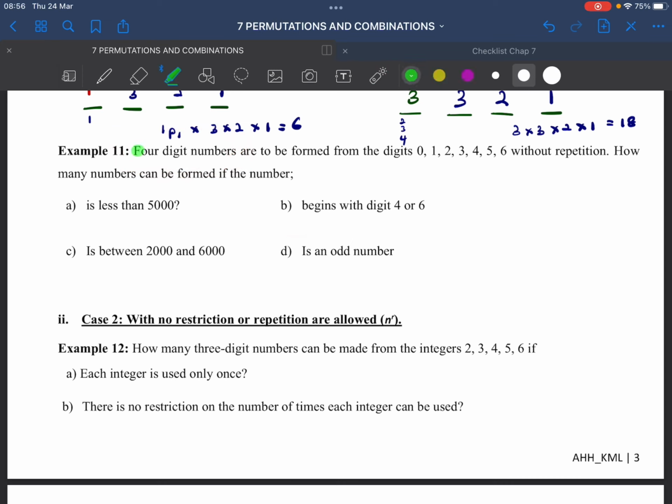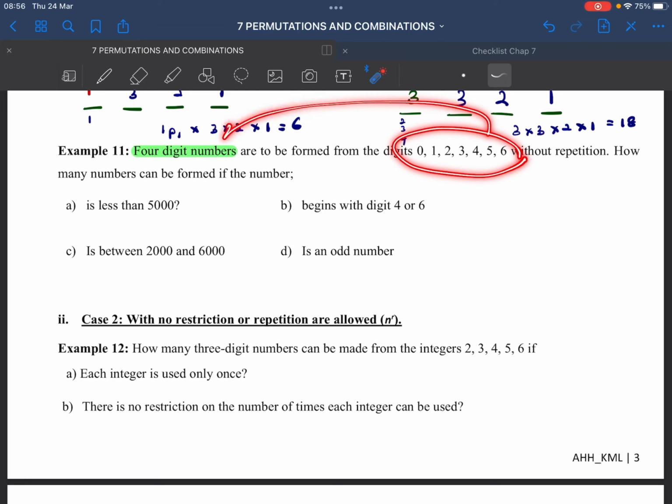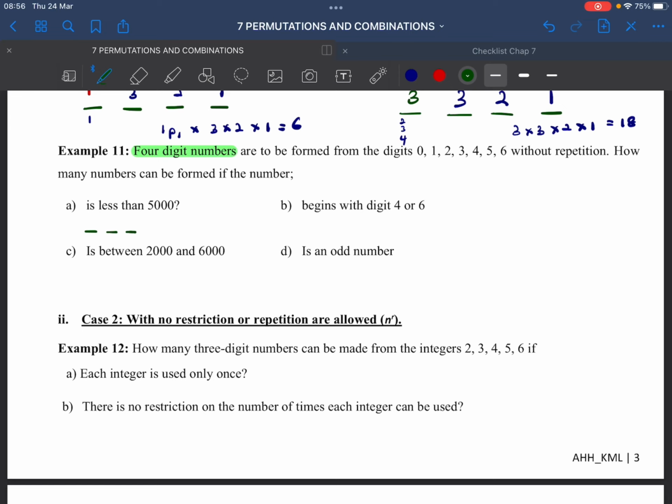But we have 7 digit dekat sini, nak letak dekat 4 tempat. So apa yang kita akan buat is we are going to put 4 places kat sini. Saya tulis besar sikit lah. Okay, 4 space, 1, 2, 3, 4 because we want 4 digit numbers.